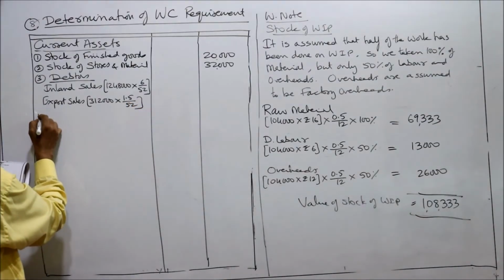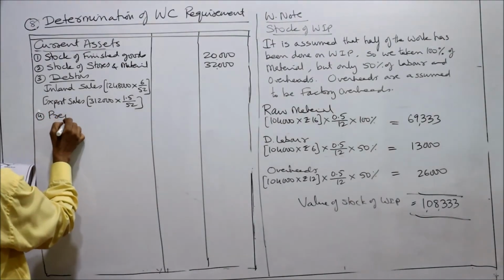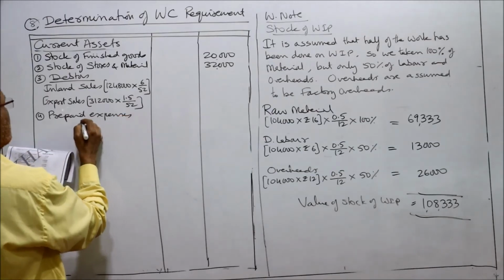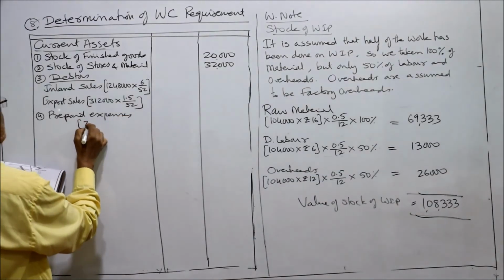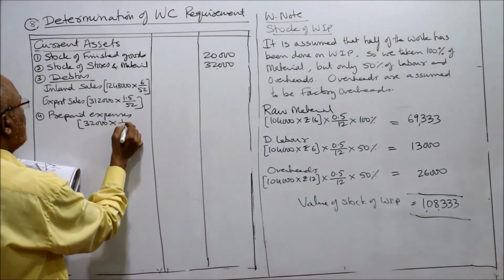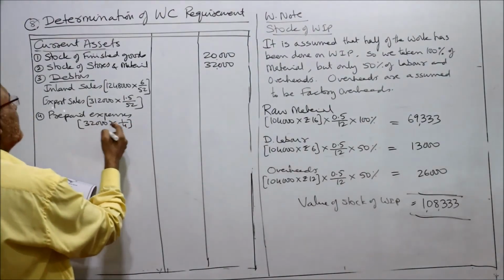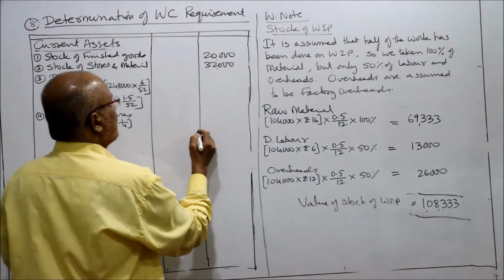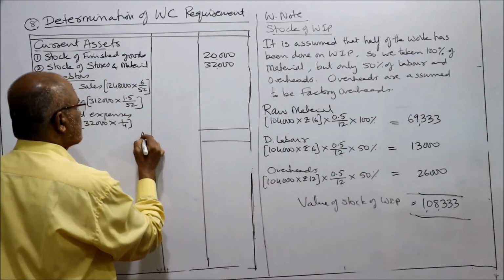That's it. One more is there, prepaid expenses. Prepaid expenses are 32,000 quarterly in advance, so 8,000. That's done. We have taken all the current assets.